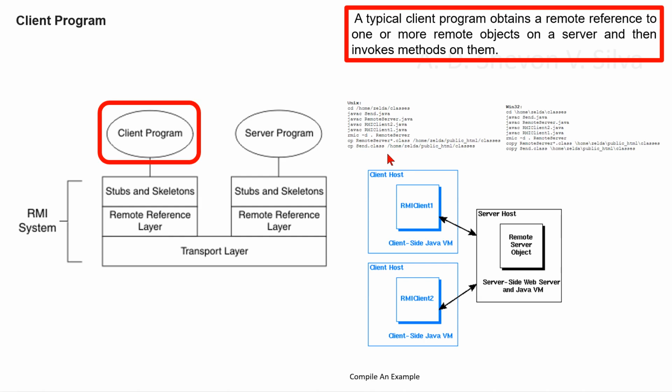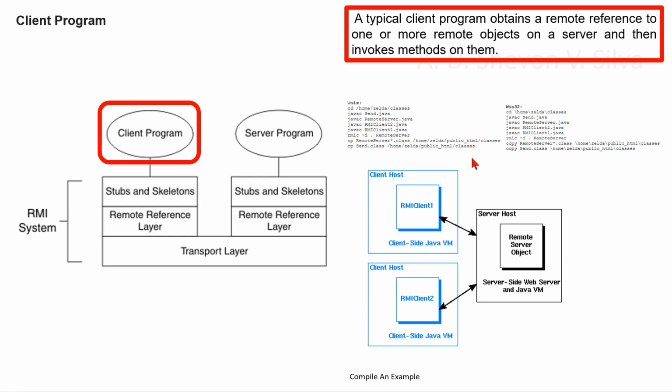The first copy command moves the remote server class file with its associated skeleton and stub class files to a publicly accessible location in the home Zelda public_html classes directory, which is on the server machine, so they can be publicly accessed and downloaded.